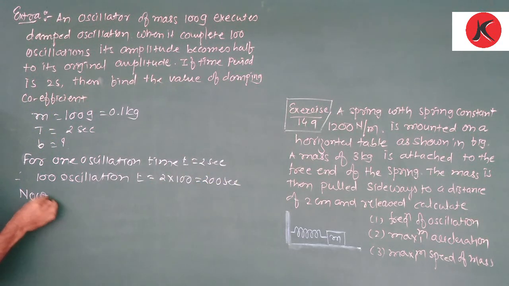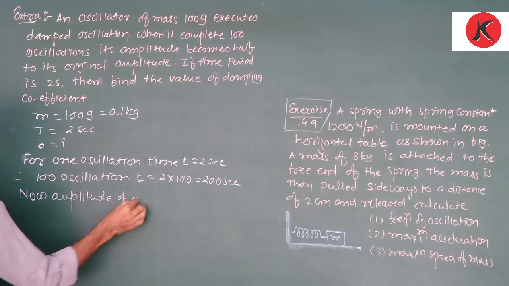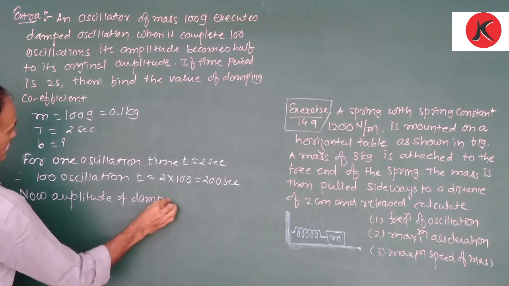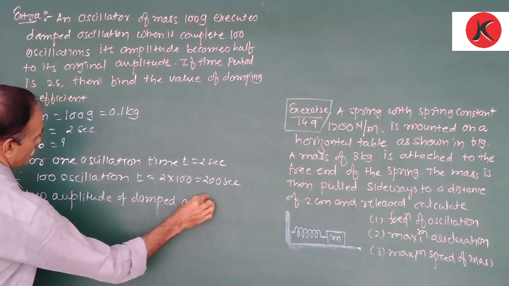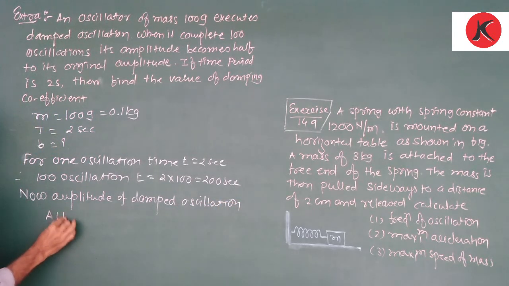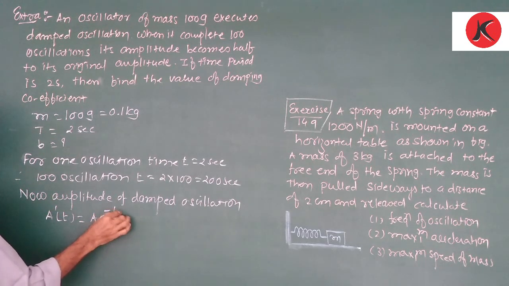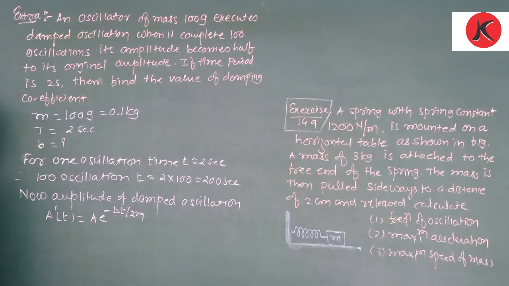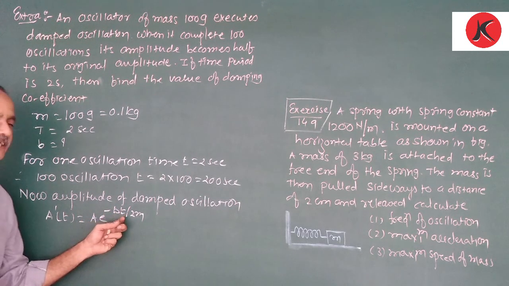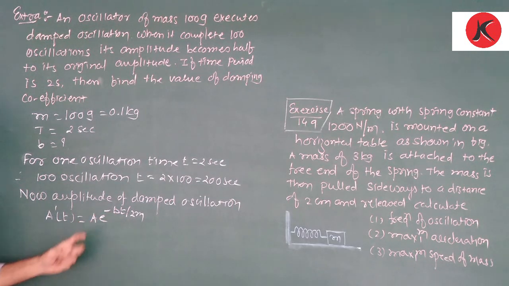Now, the amplitude of damped oscillation is A'(t) equal to A e to the power minus bt upon 2m. Now we find the time t in which the amplitude becomes half of its original value.